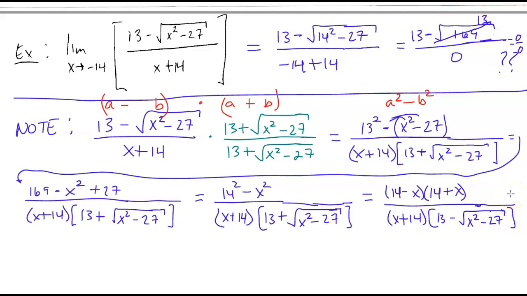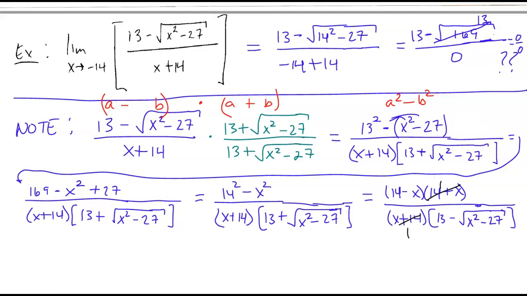Okay. So at this point, life is good because we see that 14 plus x and x plus 14 are the same. So these factors reduce to 1. And then we just write what's left.